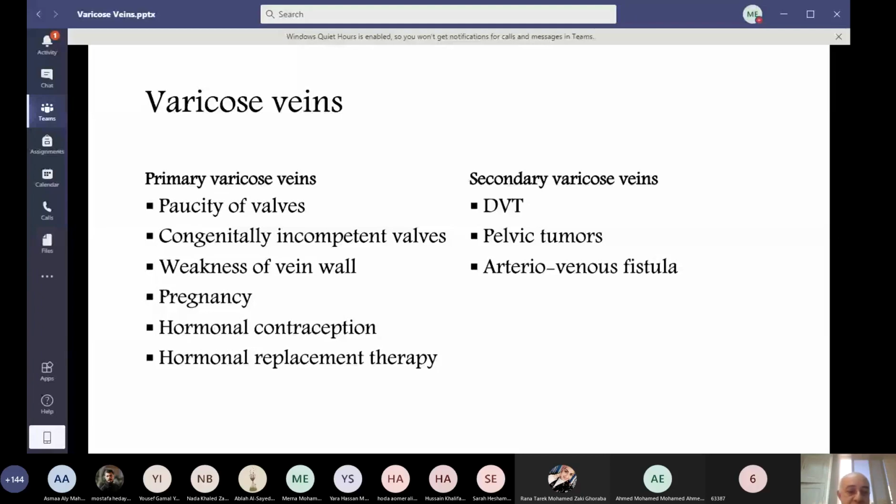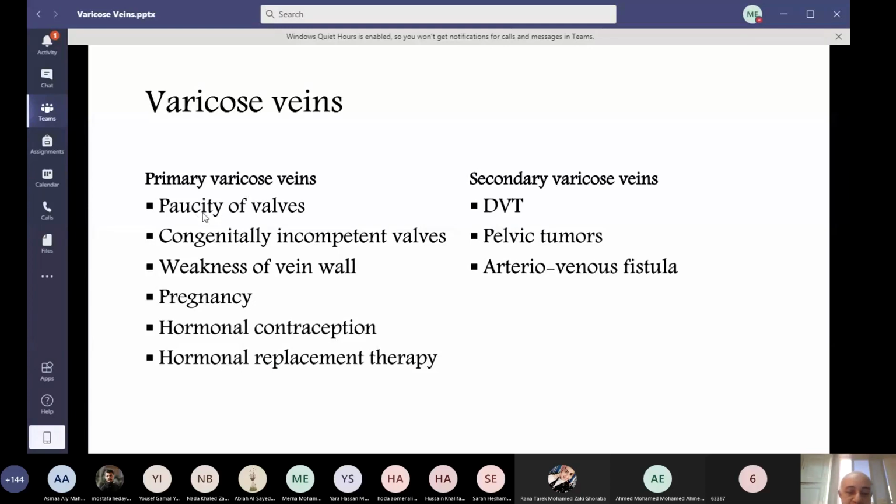This could be the result of a primary cause or a secondary cause. The primary cause could be that the number of valves present is sometimes below the average. Therefore, there is an increased pressure applied over a particular segment of the vein. This will respond by dilatation, elongation, and formation of varicose veins.